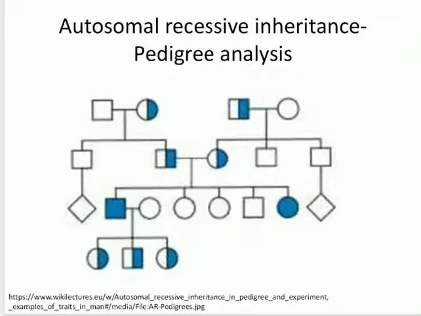Again, this is your pedigree analysis for autosomal recessive, and now we have to interpret it. So what is our interpretation? The trait is appearing in siblings and it is not appearing in parents and offspring, and 25% of the siblings of the proband are affected.